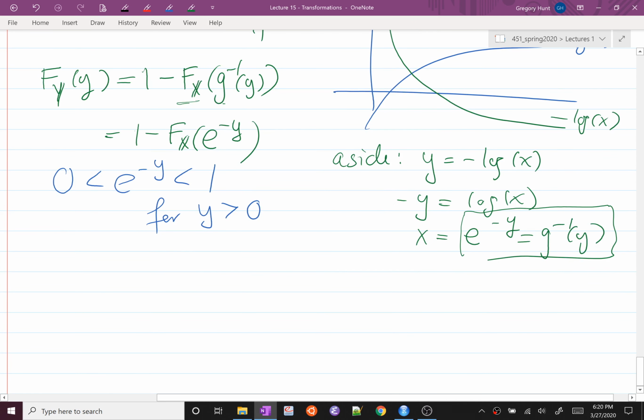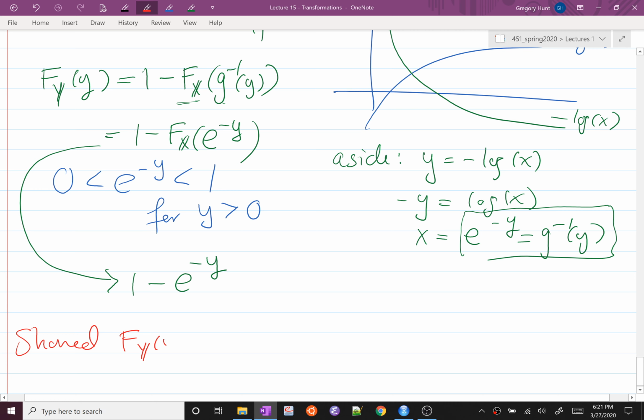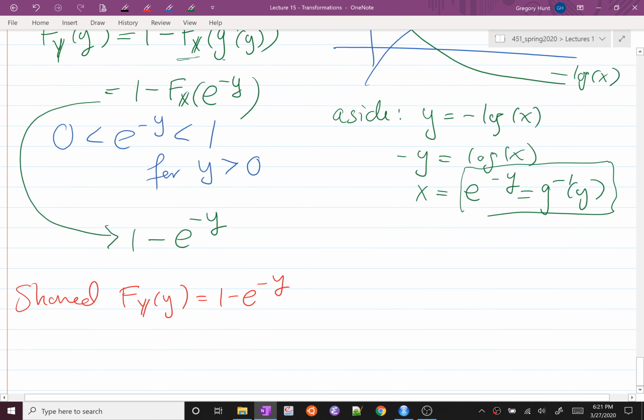So, coming back to here, F_X is just the identity function. So it's just 1 minus e to the negative y. And that's it. So what we showed is that F_Y of y is 1 minus e to the negative y. Okay. So that's the CDF.